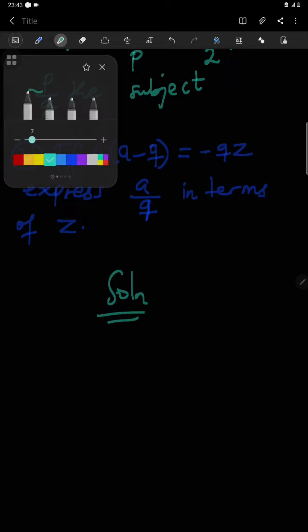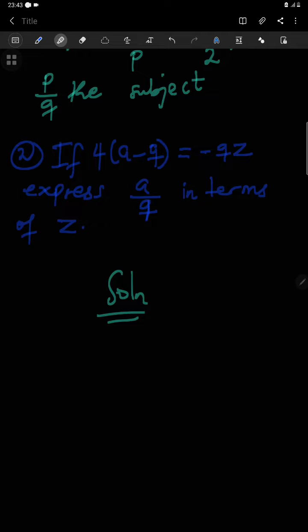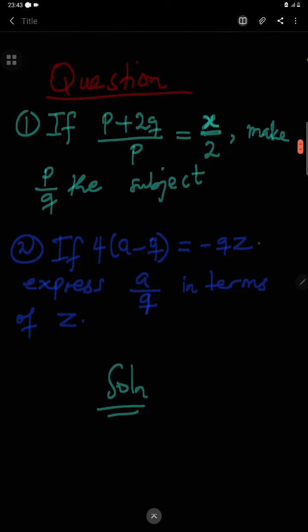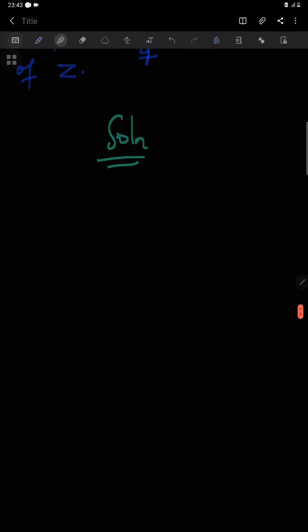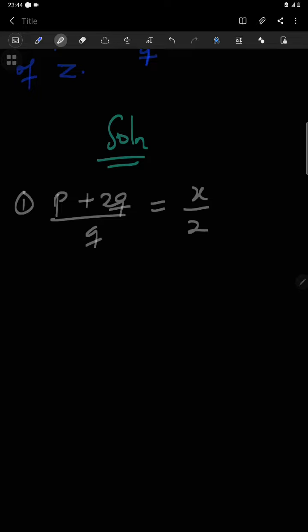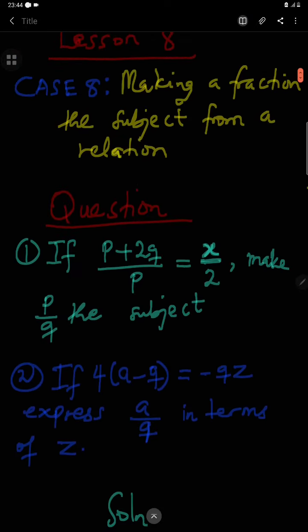I want to write down the question: p plus 2q, all over q, is equal to x over 2. I think this is what we are given.